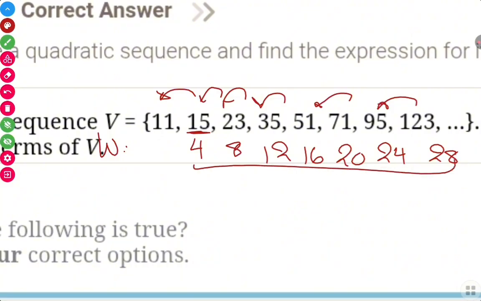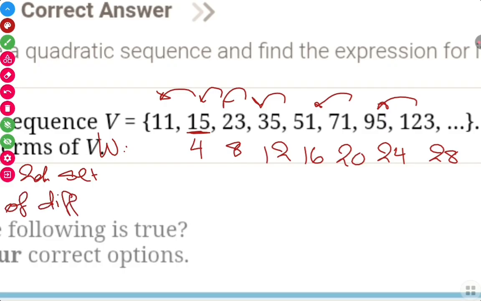And the first set of differences, as you can see, they're not equal. So we check for the second set of differences. We do the exact same thing to this set now.